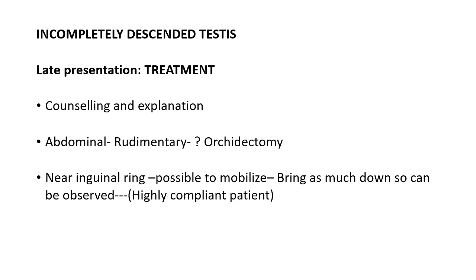So you are not bringing it down for any use, but you are bringing it into view so you can follow it by observing it. If there is any change, you will observe it or the patient will notice. The patients who are highly compliant, who are intelligent and come for follow-up, can be best treated with this option.